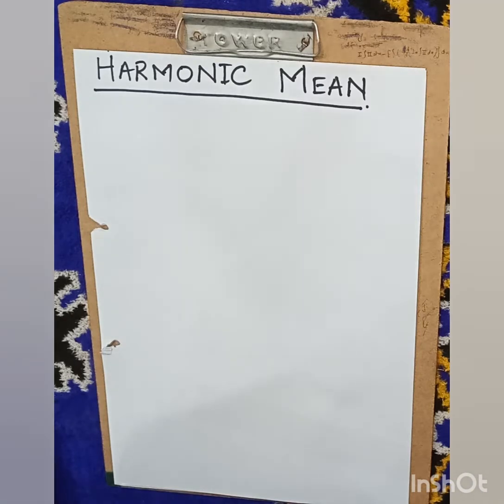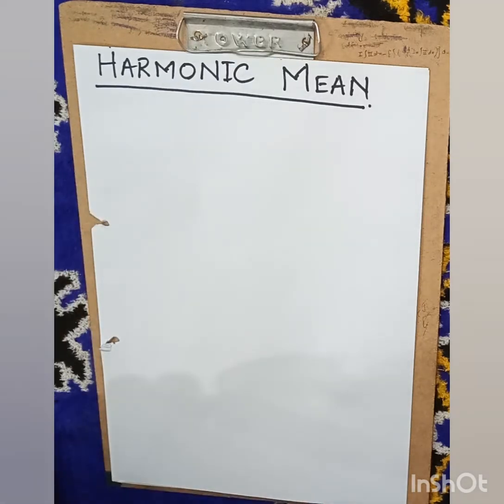In the previous video we discussed two measures of central tendency, one of which was the arithmetic mean and the second one was the geometric mean. And now today we are going to discuss the third measure of central tendency, which is the harmonic mean.